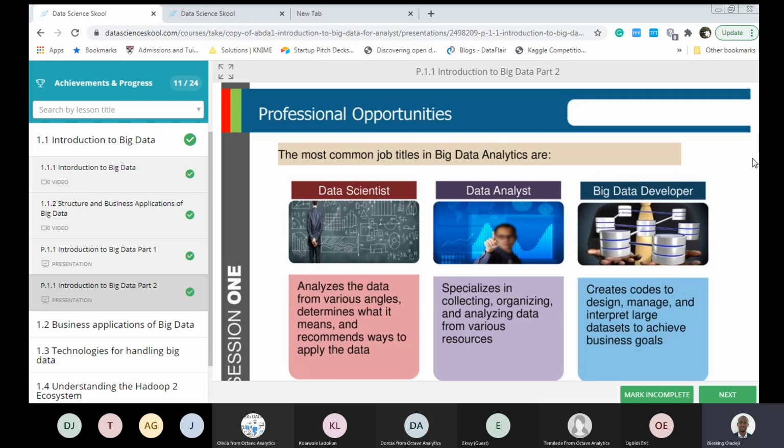You can predict some numbers using maybe a regression algorithm. So in a nutshell, that is what differentiates data scientists from data analysts and data analysts from a data developer.